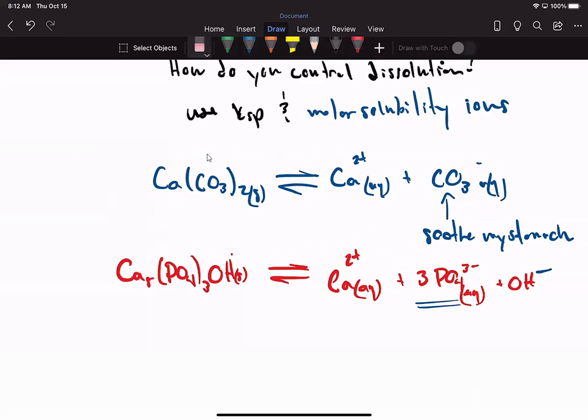Oh, wait, what am I doing? Yep, calcium is 2 plus. What am I doing? This is 2 minus. There we go. Does that look better? Sorry about that.